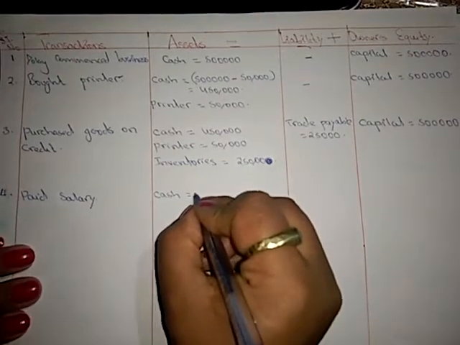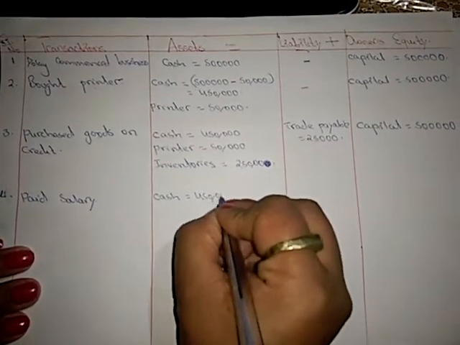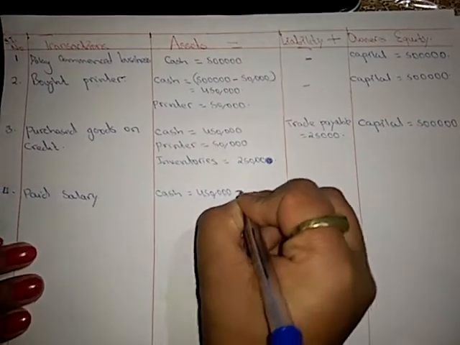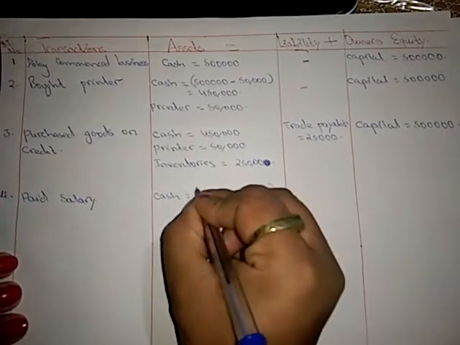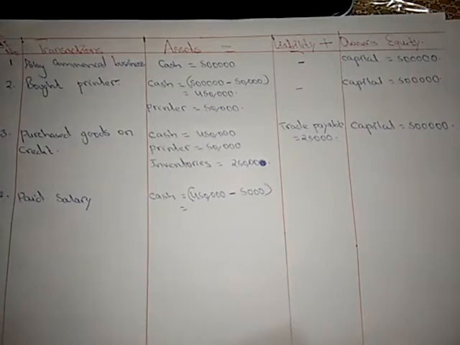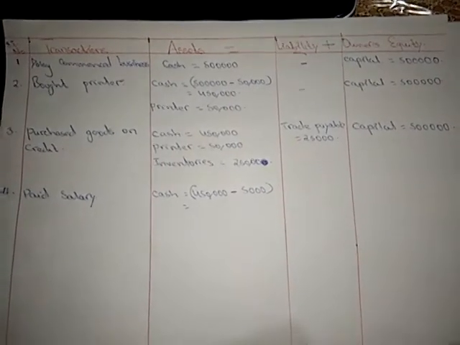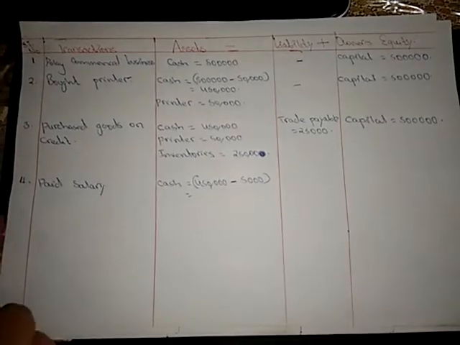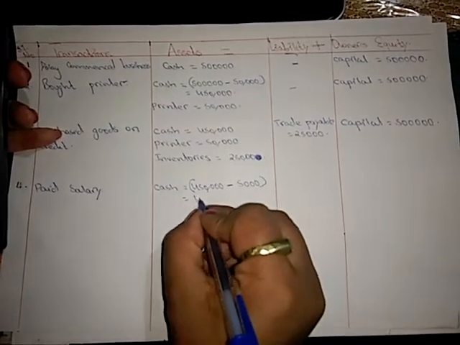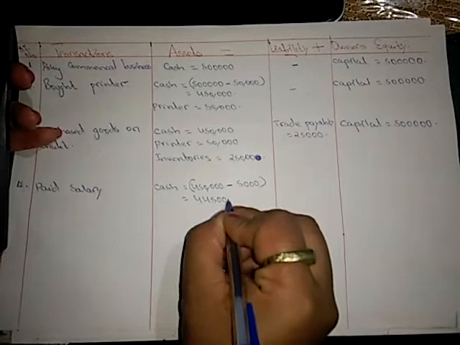So cash, you have 4,50,000 in hand. But from there, you paid salary of 5,000. Now what is the remaining cash you have? 4,50,000 minus 5,000. Now you have only 4,45,000 in hand.